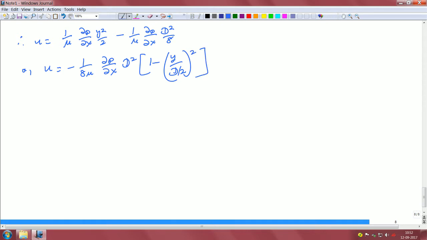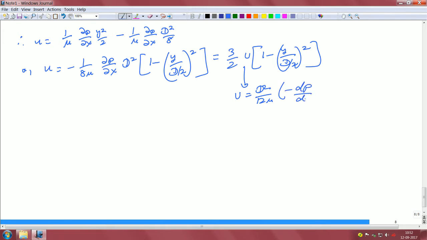Got it? This can be further represented as something like 3 by 2 u bar (1 minus (y by d by 2) square), where this u bar is written as d square by 12 mu into minus dp by dx, right. There is only one pressure gradient, so you can write it as an ordinary differential instead of partial as well.